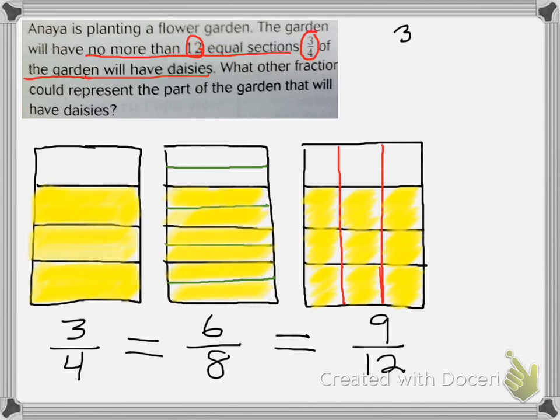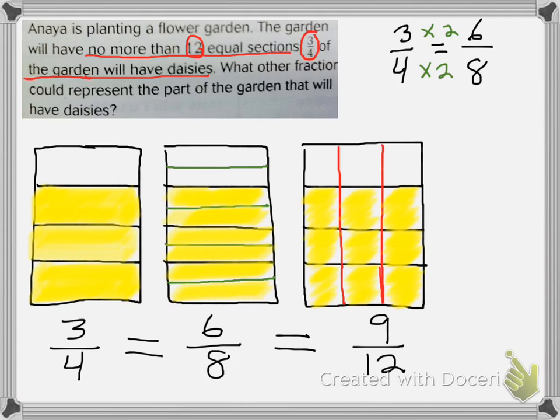So let me show you that over here. 3/4 equals 6 eighths. And what we did was, we'll do green here, multiplied the numerator and the denominator by 2.